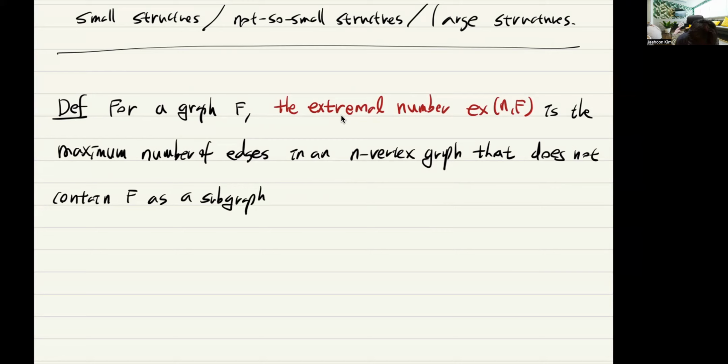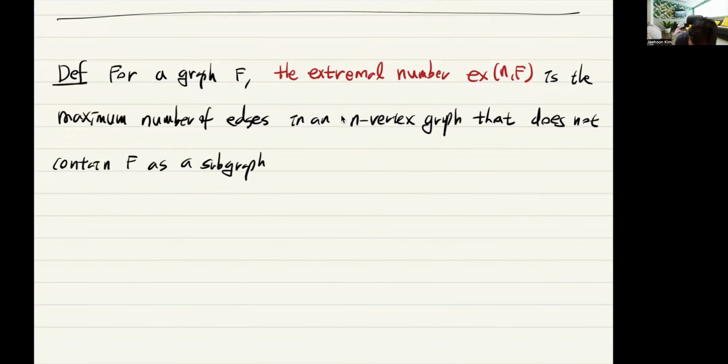So this is the maximum number of edges in an n vertex graph having no F as a subgraph. So if we know that your graph has more than this number of edges, then you are always able to find a copy of F in your graph G.